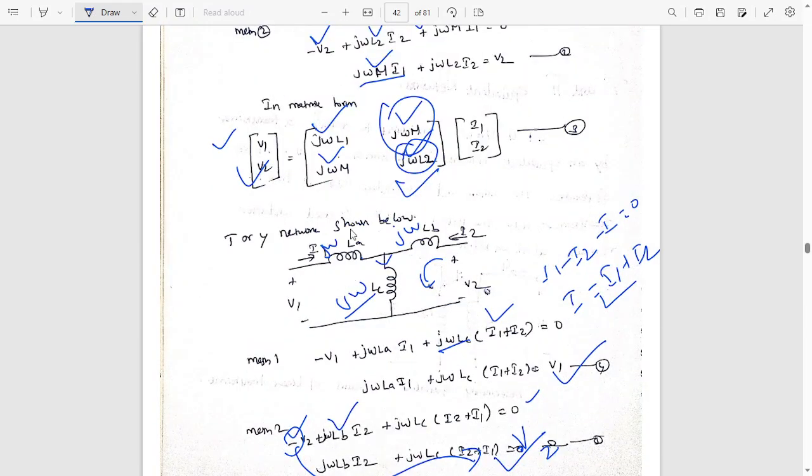The T network standard diagram is here. We just substitute LA, LB and LC to draw the T equivalent for the linear transformer.